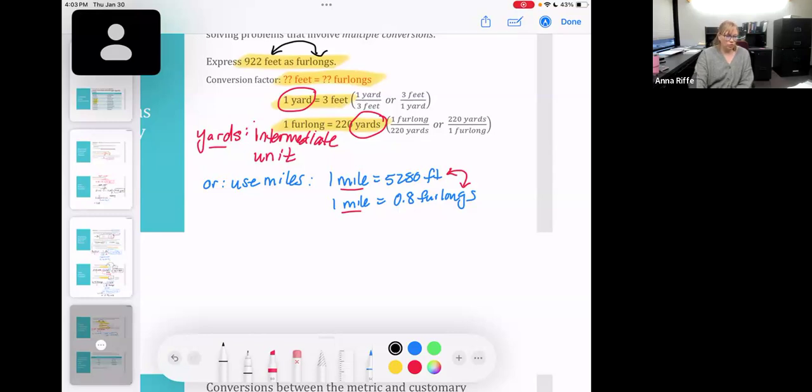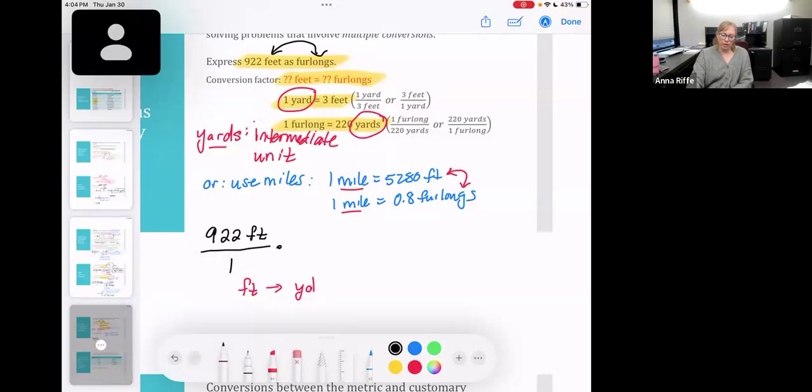So we're going to, first of all, write that starting amount, 922 feet, as a fraction, with a denominator of 1. Once we have written it as a fraction, I want to convert it to that intermediate unit. I'm going to go from feet to yards.